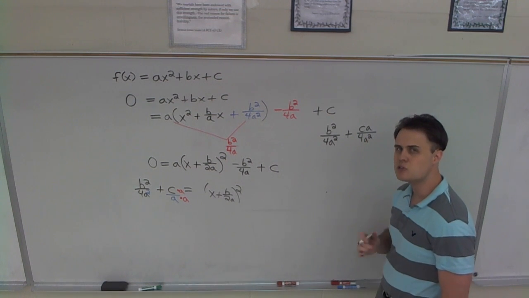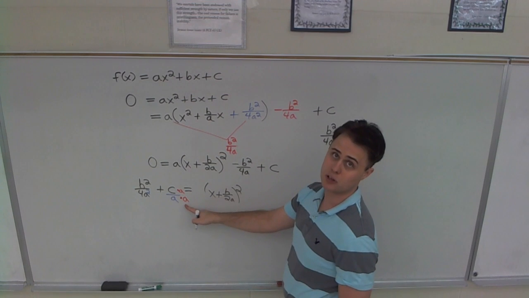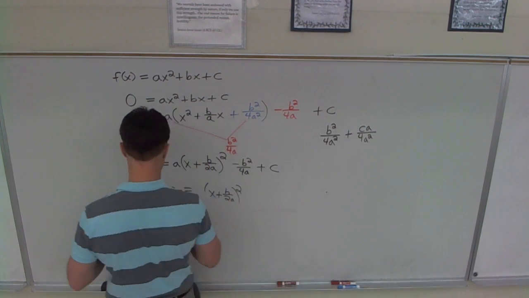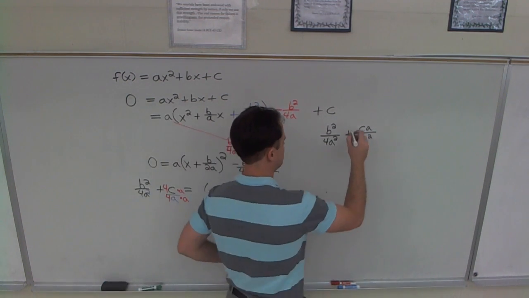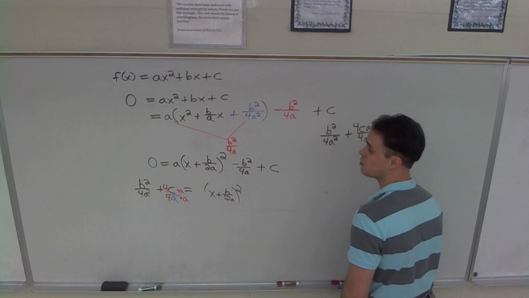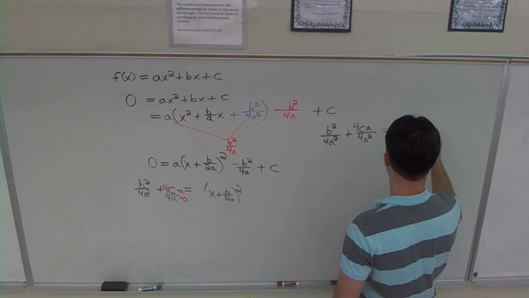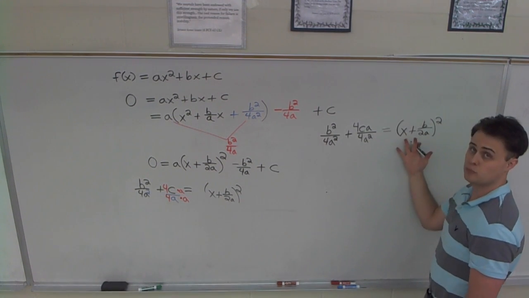I think I made a little mistake there, if you think about it. Those don't have quite a common denominator yet. They both have a squared, but this one's missing the 4. So let's also stick that in. So this should be 4ac, or 4ca, equals the quantity squared. The next step is to, remember, don't get lost.